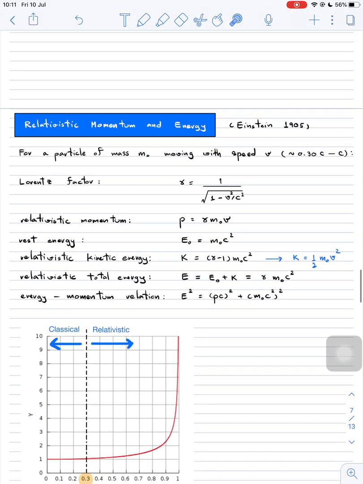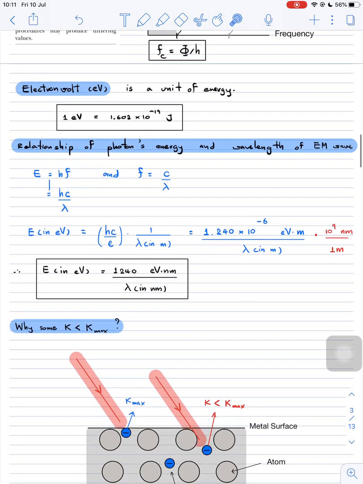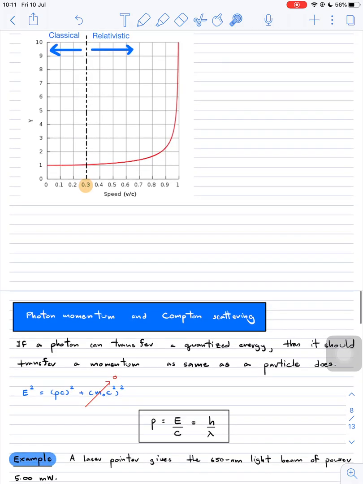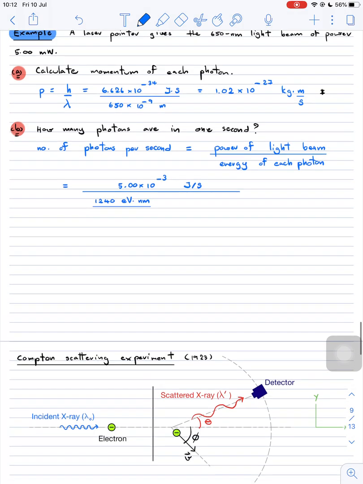We can use this relationship: the energy in eV equals 1240 electron volt nanometers over the wavelength in nanometers, which is 650 nanometers.